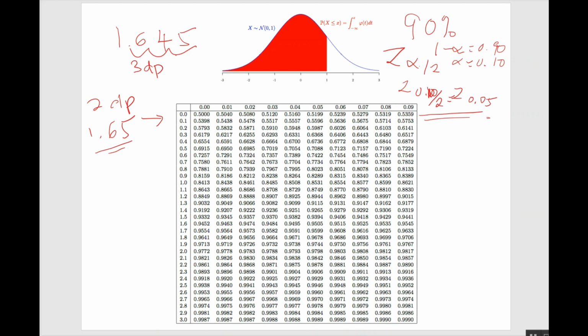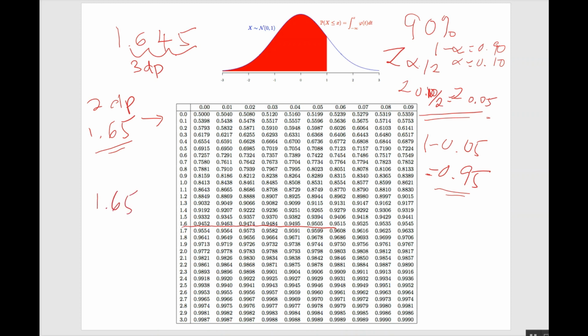If here is 0.05, it should be 1 minus 0.05, so you'll be getting 0.95. So approximately you need to search for this one. From the table, what I can find is that it is here, approximately near this 0.95, which gives me 1.65.